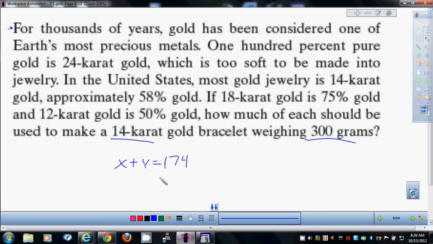Okay? That's pure gold. But how much of this are we getting? Well, originally we were using 75% of the 18 karat. So 0.75, I'll use fractions. 3/4 of the 18 karat and 50% of the 12 karat. And how many total grams are we ending up with? 300.